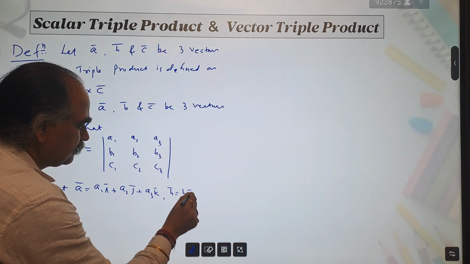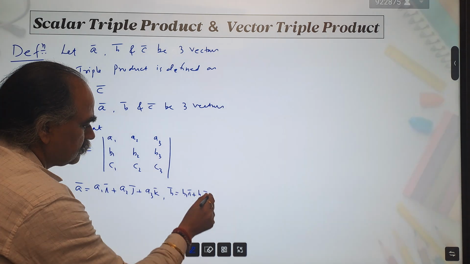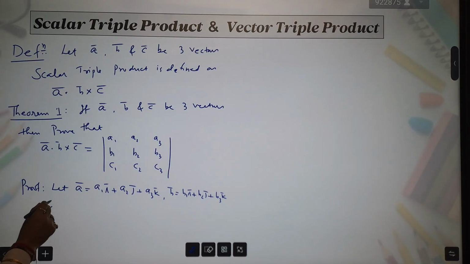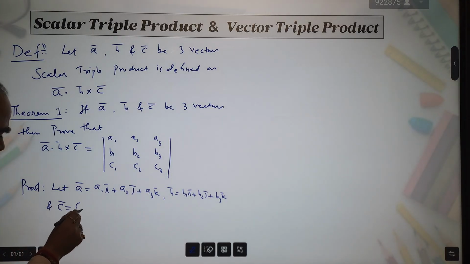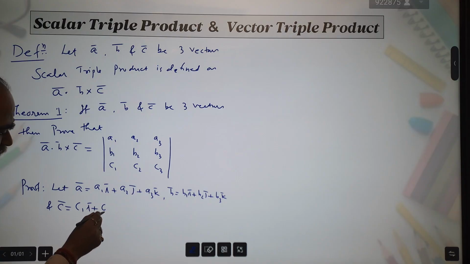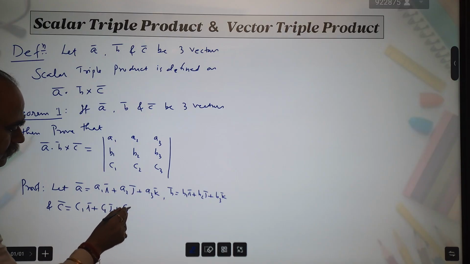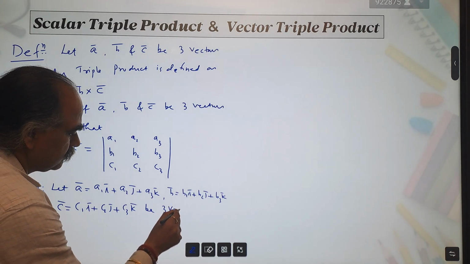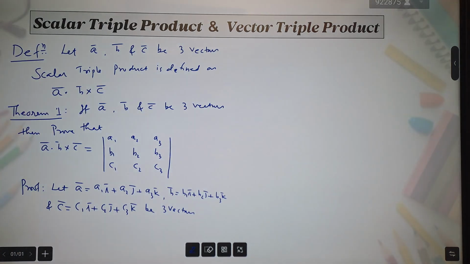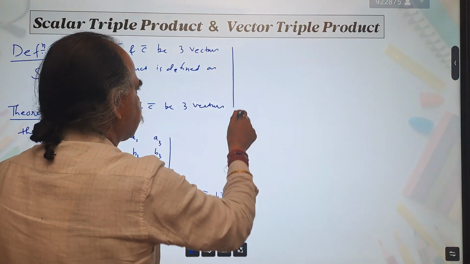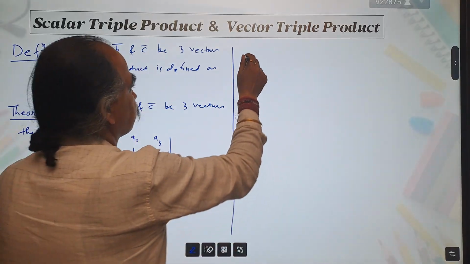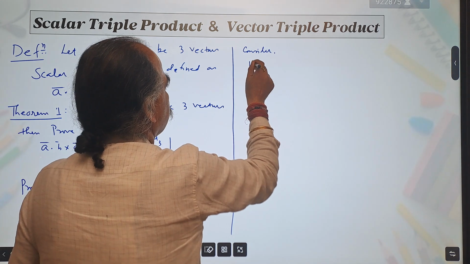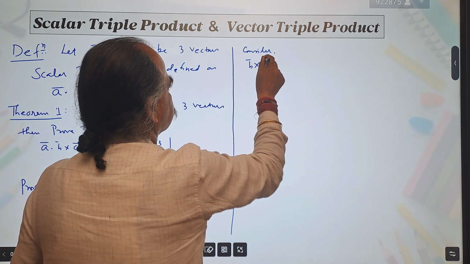B1i plus B2j plus B3k, and C bar is equal to C1i plus C2j plus C3k. Now first, as I told, we will take cross product. Consider B bar cross C bar.